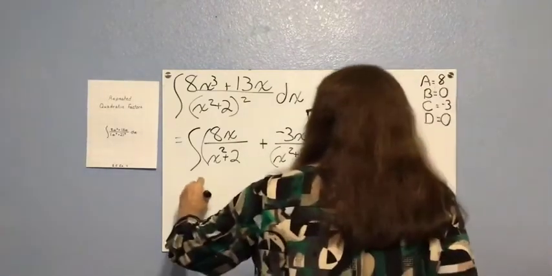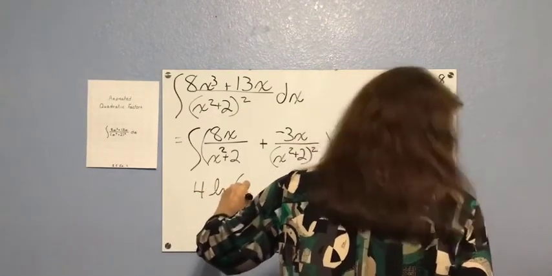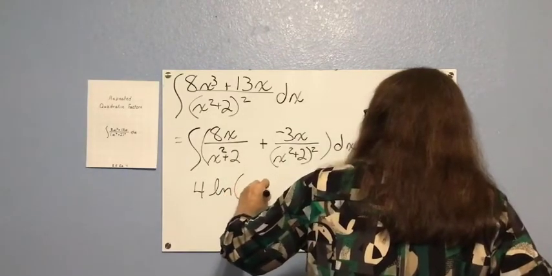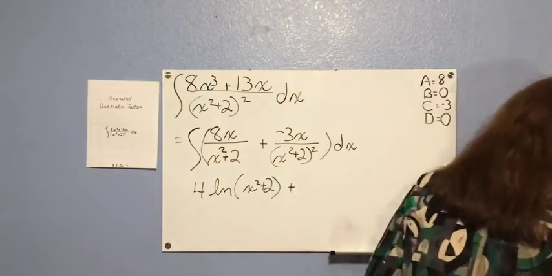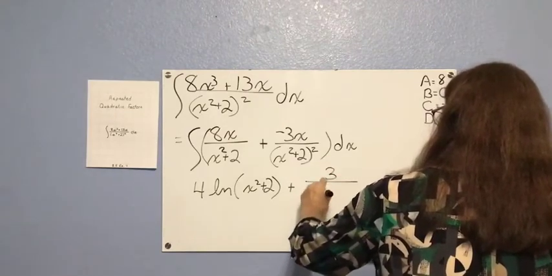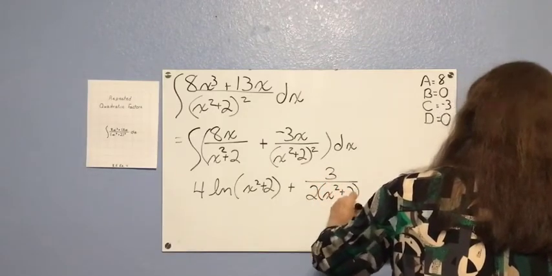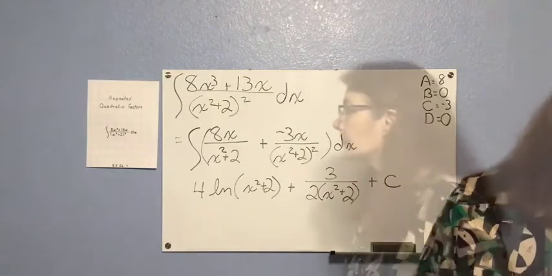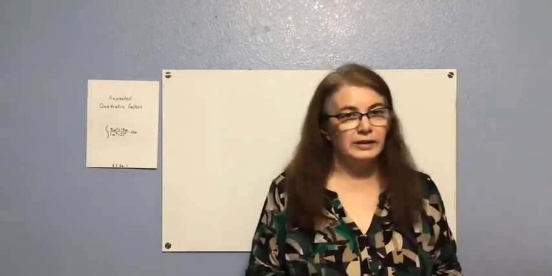When I integrate, I get 4 times the natural log of x squared plus 2 plus 3 over 2 times x squared plus 2 plus my constant.